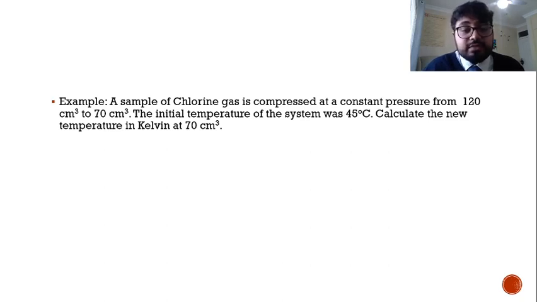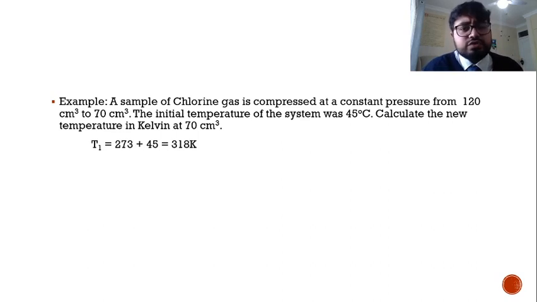Calculate the new temperature in Kelvin at 70 cm cube. So we know that our volume is decreasing, so it gives us a general idea that our temperature should decrease as well. So first thing we need to do is calculate our temperature in Kelvin.